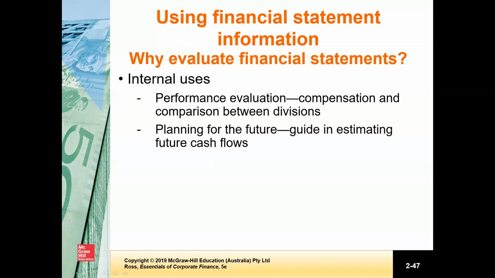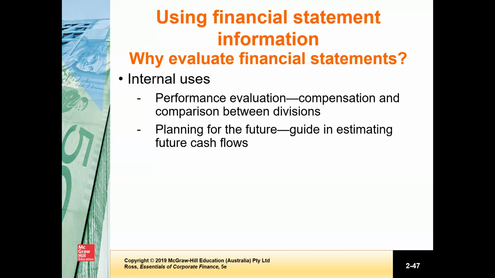Okay. So if we go a bit more detailed, first of all is internal use. So financial statement information has a variety of uses internally within a firm. Among the most important of these is performance evaluation. For example, managers are frequently evaluated and compensated on the basis of accounting measures of performance, such as profit margin or return on equity.